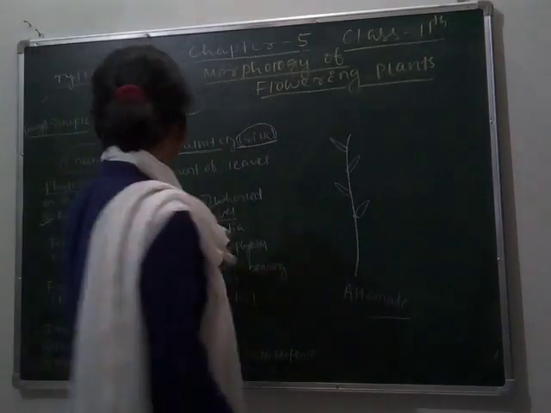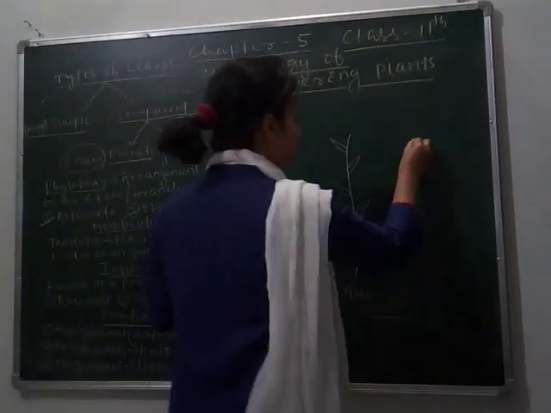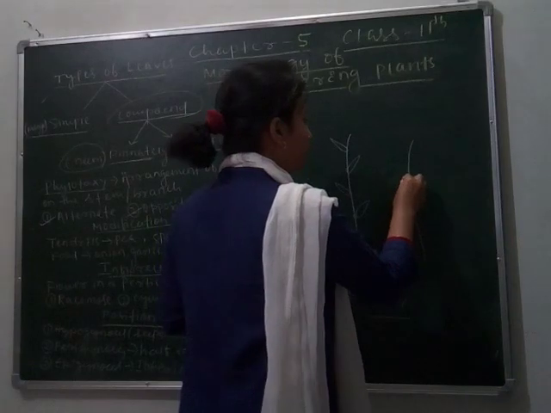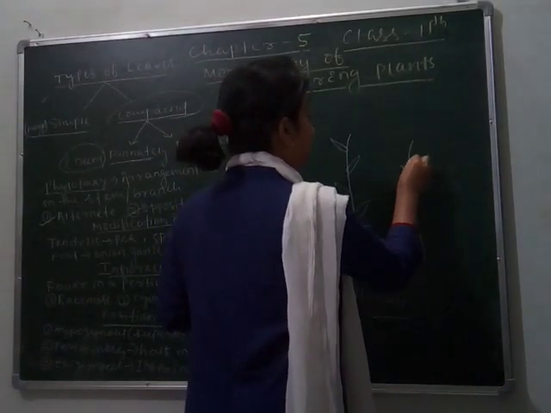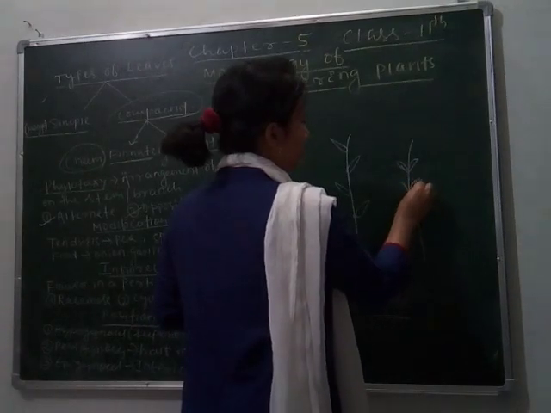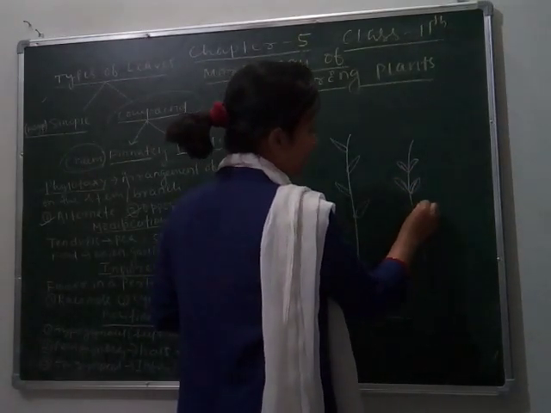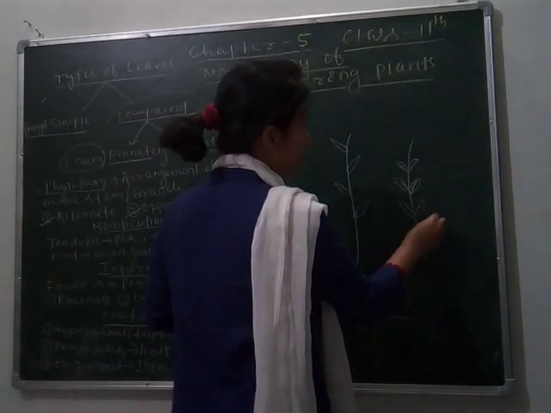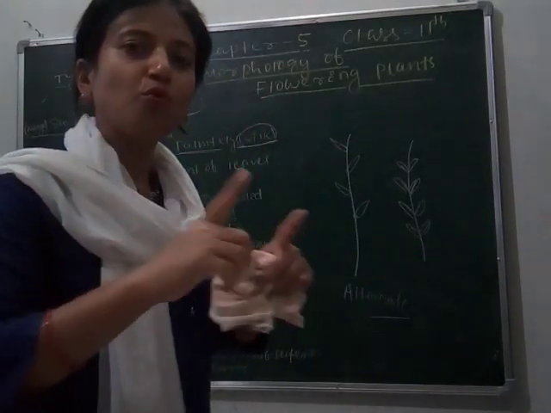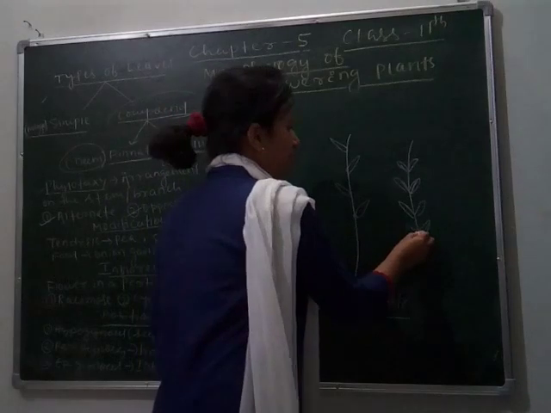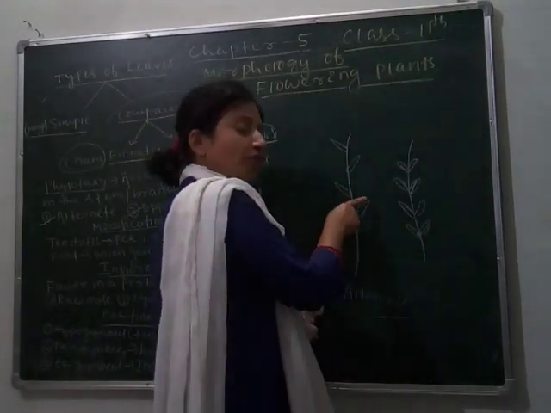Next is opposite. Opposite means, which I have shown you just now, one leaf from here, one leaf from here. This type of arrangement is called opposite, meaning two leaves arise from one node. In the alternate case, from one node only one leaf arises.